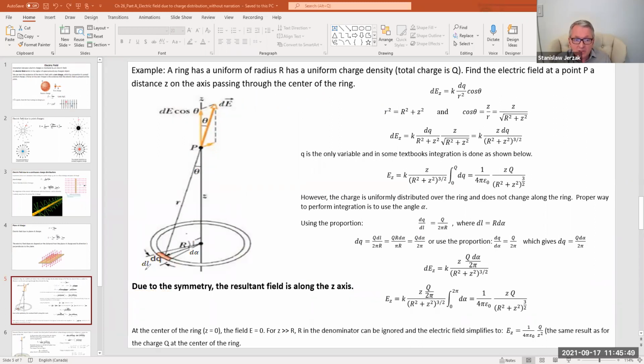at this stage, you see this little chunk of charge dq produces electric field dE of this magnitude. Maybe I could write that dE, the magnitude of this vector, is equal to Coulomb constant K dq divided by r squared.